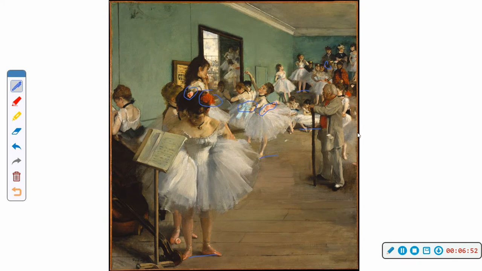Now, what do we notice as far as variety? Oh, no, that's what we did. As unity. Well, one of the unifying factors that we see is that they're all wearing the same uniform. So they all have the same white dance costume on if they're a dancer. Another thing that helps unify the picture that you may or may not be thinking about is the lines on the floor.